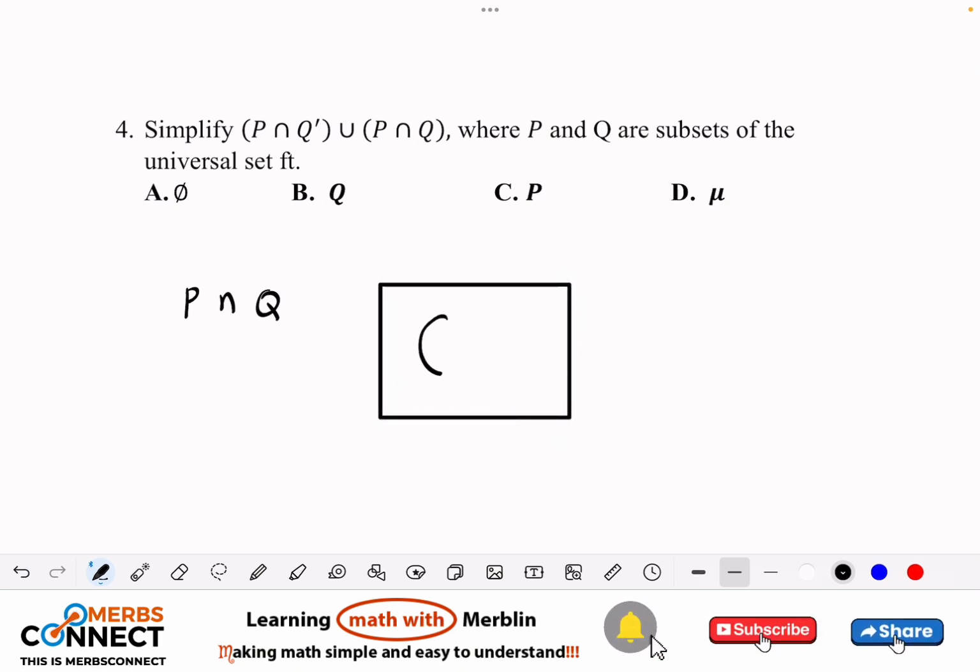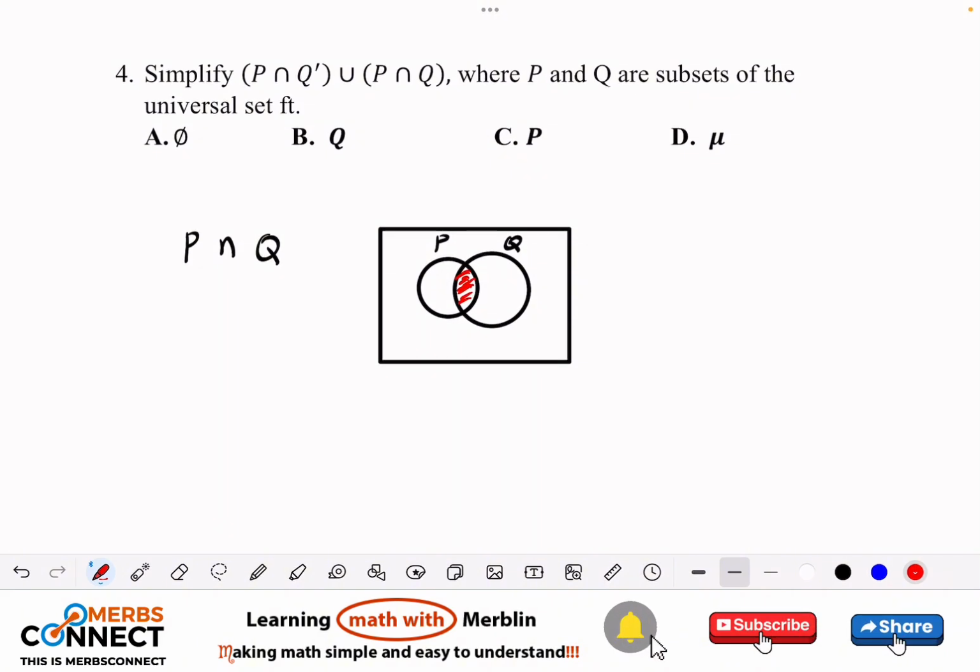So we are going to have something like this. Let's assume that this is P, this is Q, then P intersect Q is going to be here. Let's look for P intersect Q prime.